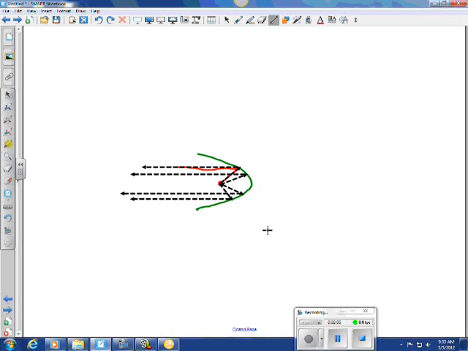Well, now that we said that's the shape we're going to be dealing with, let's do a little bit more. Let's get rid of those lines and let's see what happens if the light comes in. And we also did this in class.